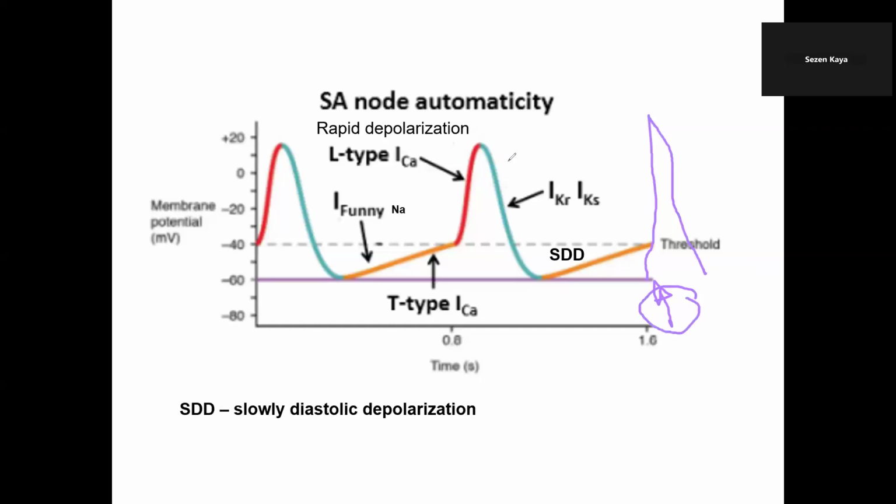But in automaticity, we have another way of action potential creation. Here we have 3 phases. The first phase is named SDD, slow diastolic depolarization.